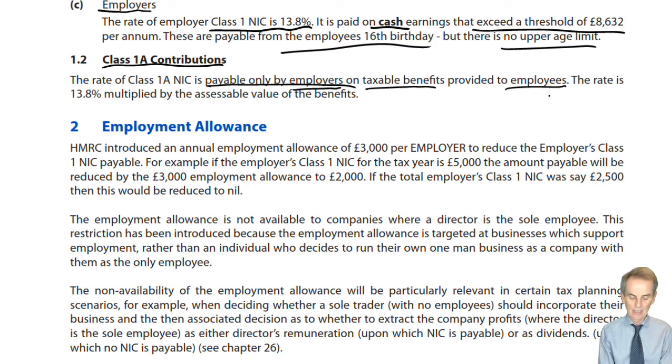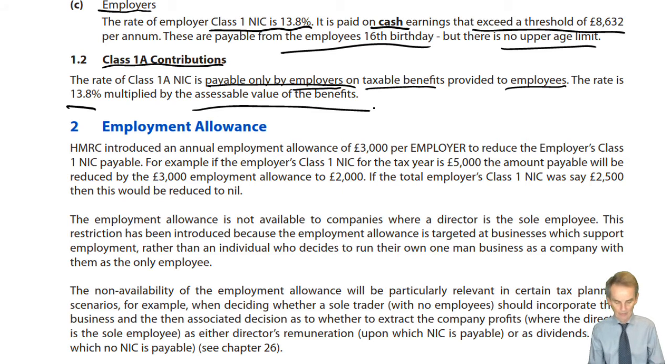It's exactly the same rate as for the main Class 1 employer's NIC, 13.8%, applied on the assessable value of those benefits. So Class 1A, only the employer, picks up the non-cash but taxable benefits.